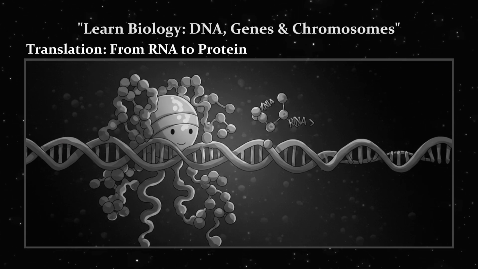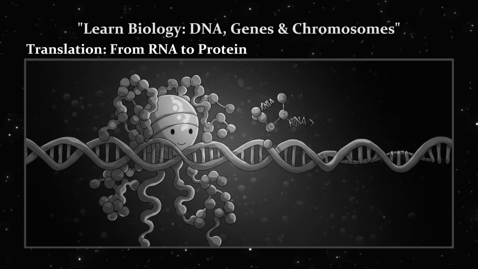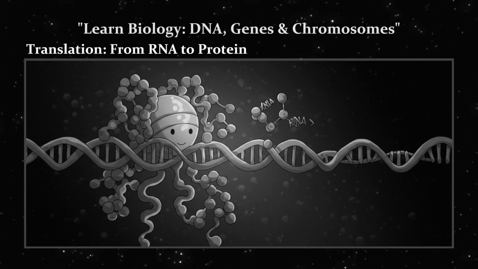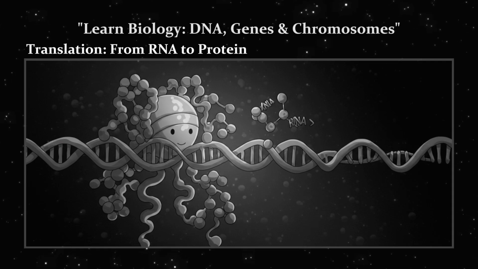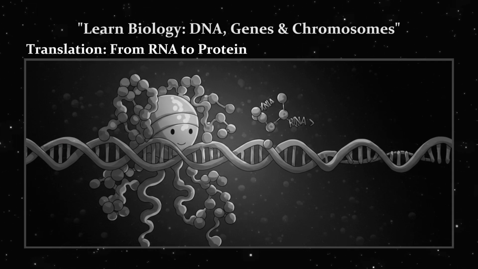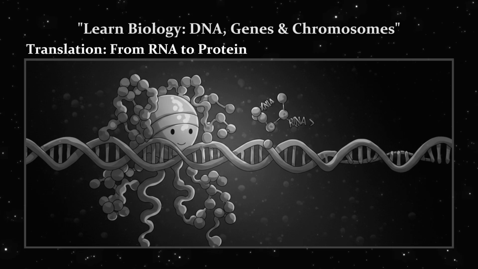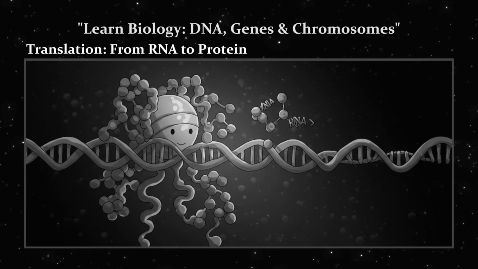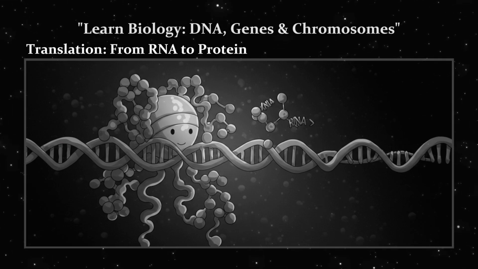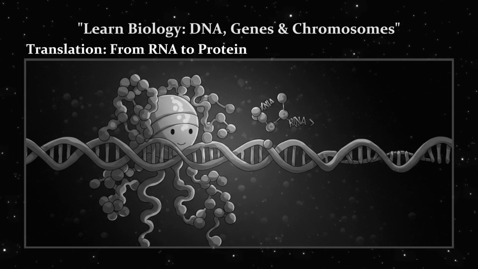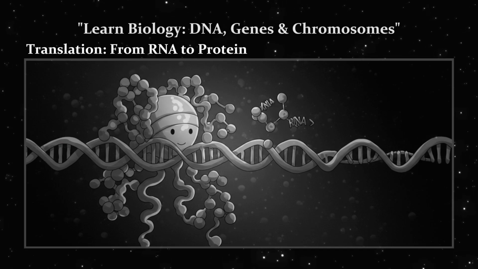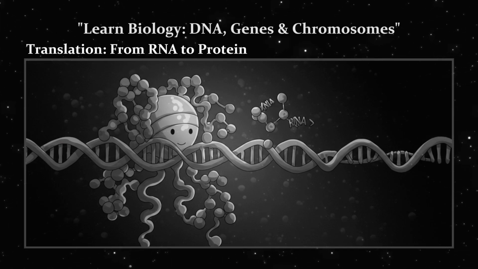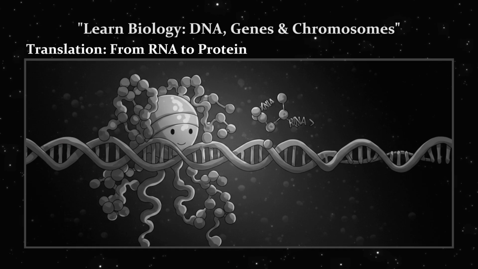For example, if the mRNA codon reads AUG, the tRNA that recognizes it will have the anticodon UAC at its other end. This specific tRNA is chemically bound to the one amino acid that the AUG codon codes for, in this case, methionine.